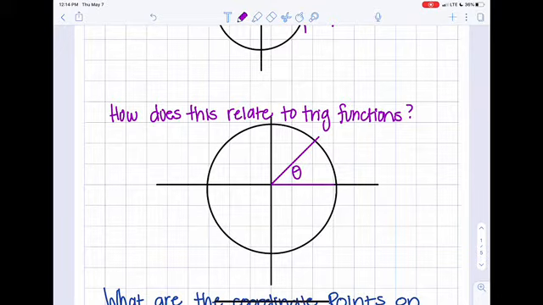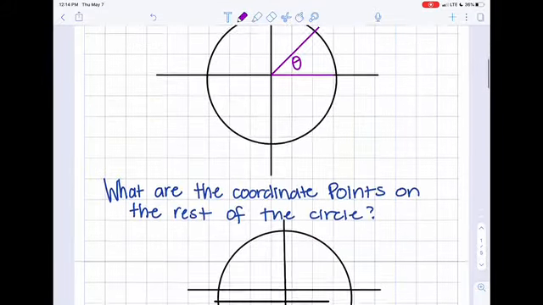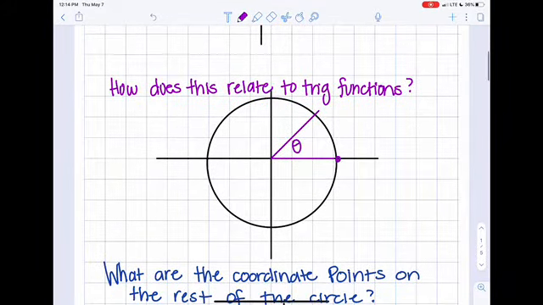And so how this comes into play is that if this point right here is (1, 0), like I mentioned above, how trig functions come into play is being able to find, for instance, this point here. What are the X and Y coordinates of this point?